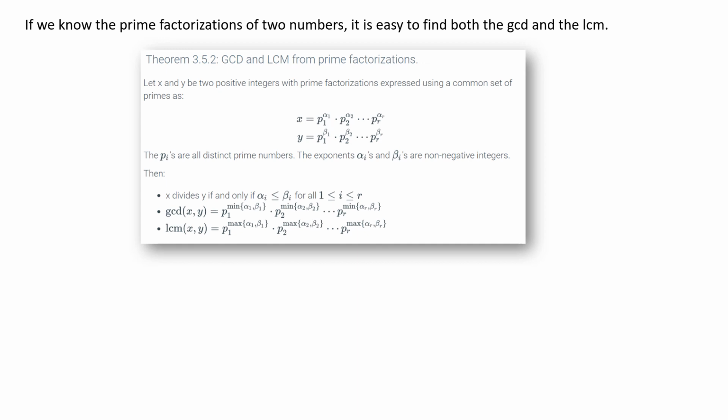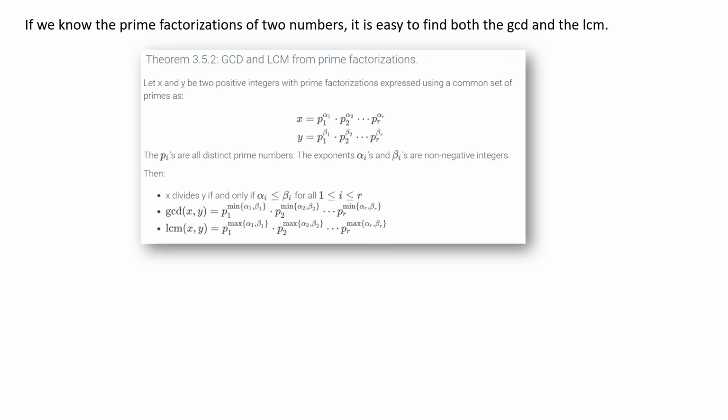What this theorem says is that we can know if x divides y, as long as the alpha values are always smaller than or equal to the beta values for each of those prime factors.